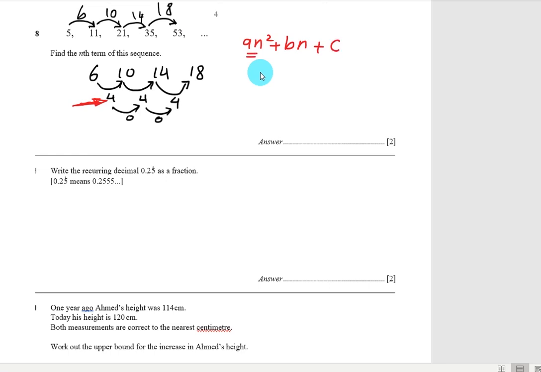We need to find A, B, and C. To find A, we will go to the second order here. So 2A, because here I have two terms only, will be equal to 4. So 4 is the first number in the second row, and the 2 is because we have two terms. So A is equal to 2.